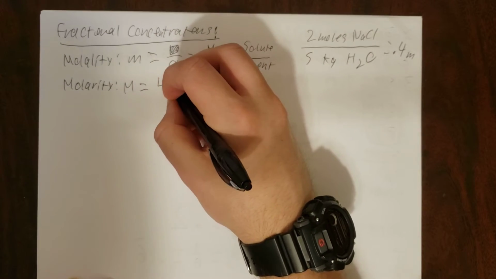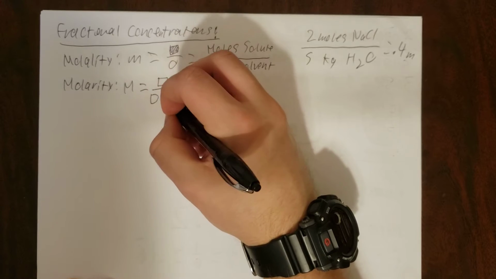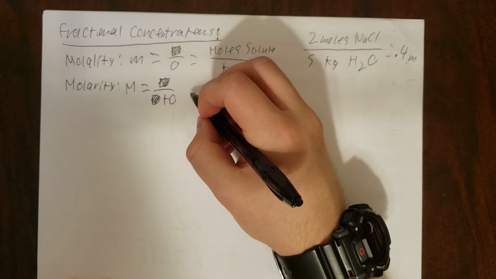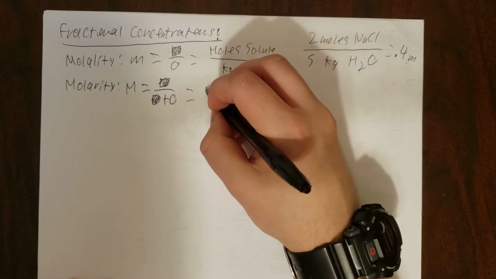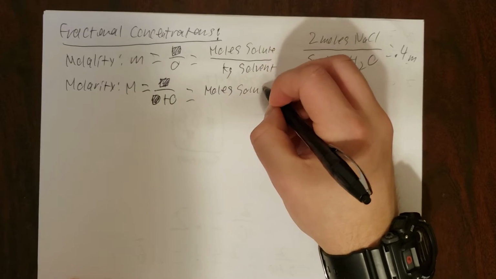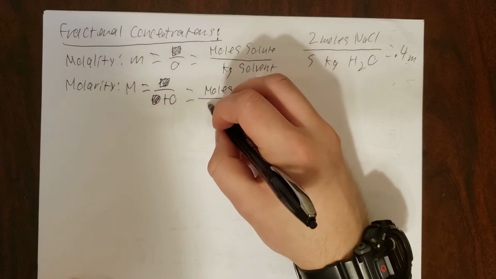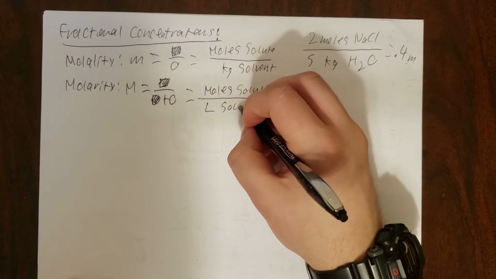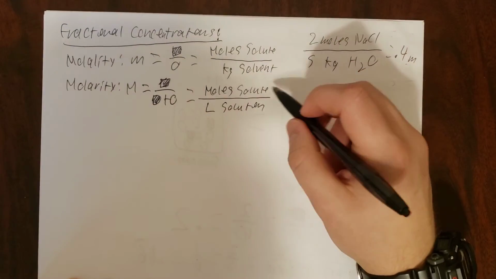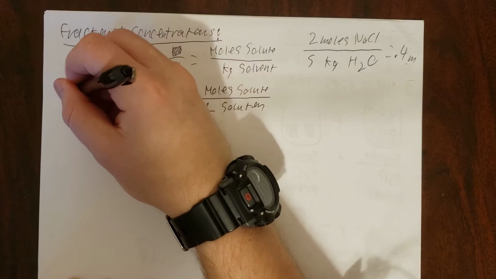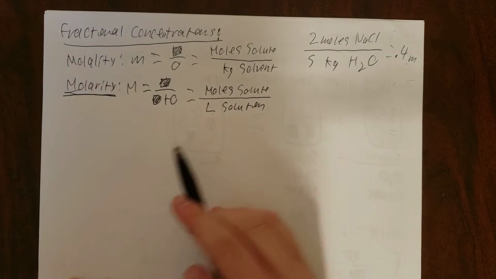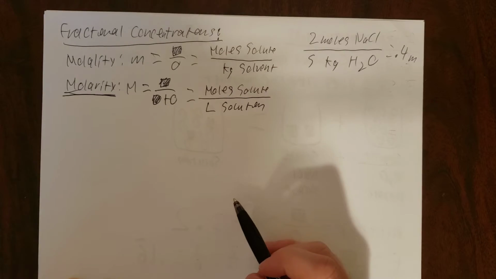This is squares per square plus circle, and this is in units of moles of solute per liters of solution. So this one, molarity, is a very important unit to remember because it comes up all the time.